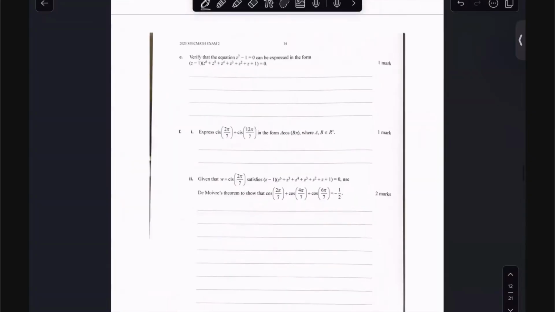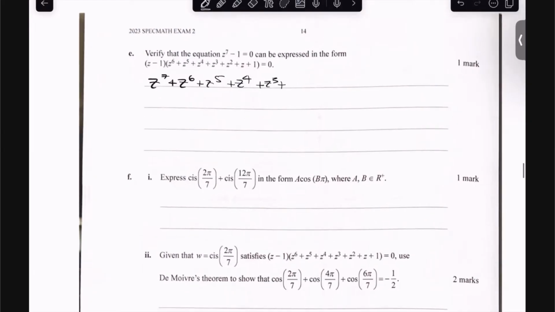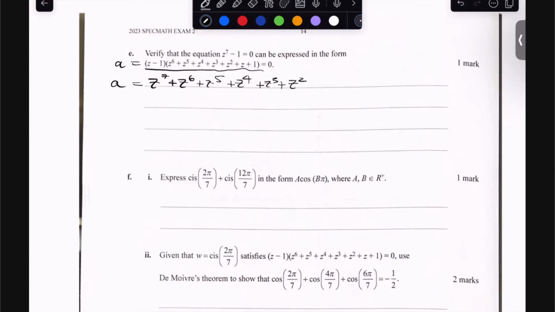Verify that the equation z to the 7 minus 1 is equal to 0 can be expressed in that form. That's going to be horrible, but we can expand that. So z to the power of 7 plus z to the power of 6 plus z to the power of 5 plus z to the power of 4 plus z to the power of 3 plus z squared plus z equals 0.